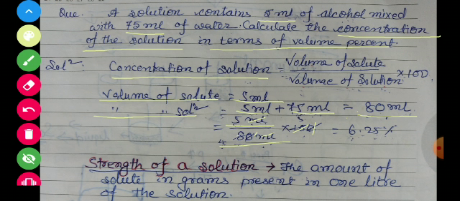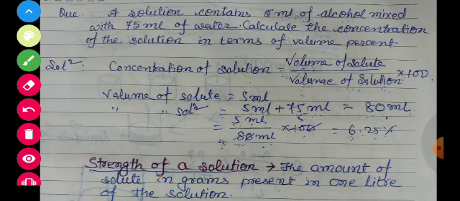So 5 into 5, 25 by 4, that is 6.25% is the concentration of the solution. So in these two ways we can find out the concentration of a solution.